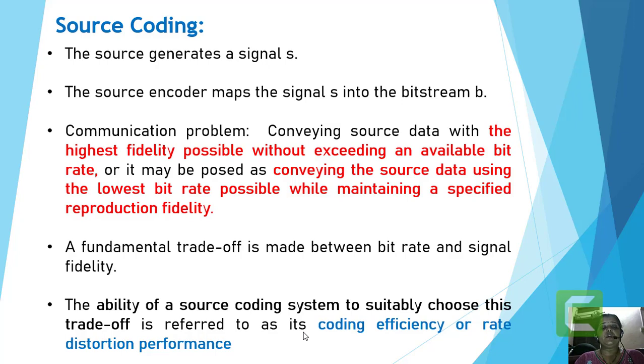So a source coding system should have the ability to make a suitable choice of trade-off, and this choice of trade-off is nothing but coding efficiency or rate distortion performance. In this lecture we are going to see all these concepts of source coding, coding efficiency, and how to adjust the trade-off with the help of different types of source coding techniques.